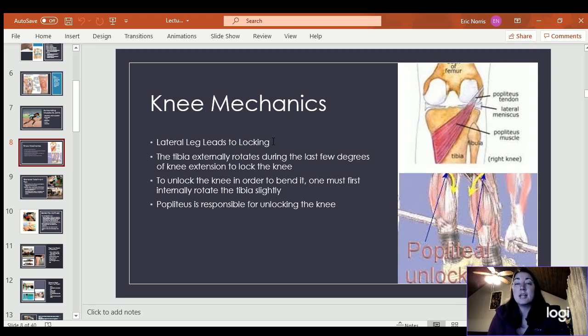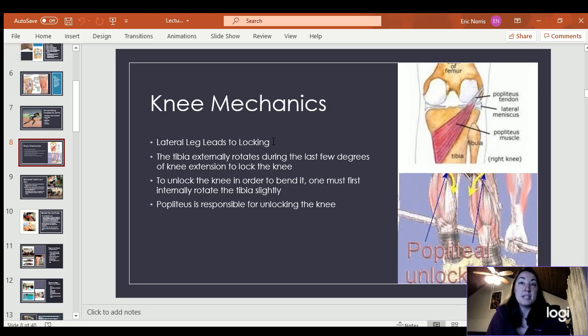In order to unlock the knee, you actually must first internally rotate the tibia just slightly before you're able to fully bend it. I don't know if you've ever experienced that feeling that your knee's kind of stuck in an extended position, kind of locked. But in order to unlock the knee, you have to internally rotate it slightly. So that's lateral leg leads to locking.